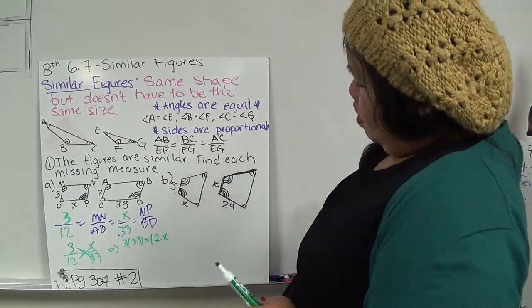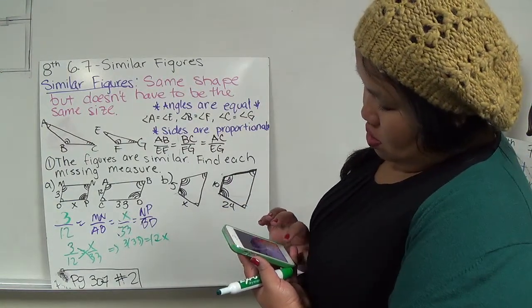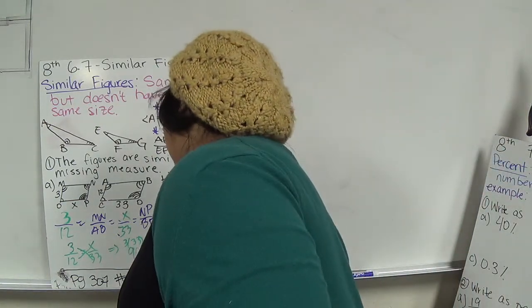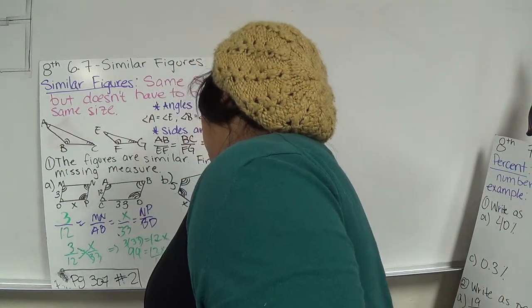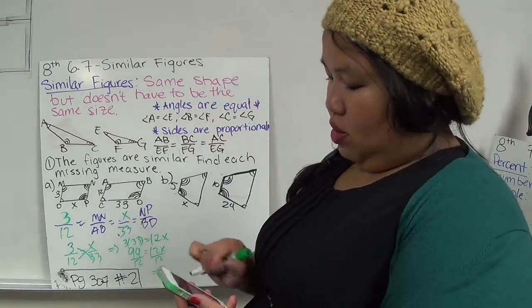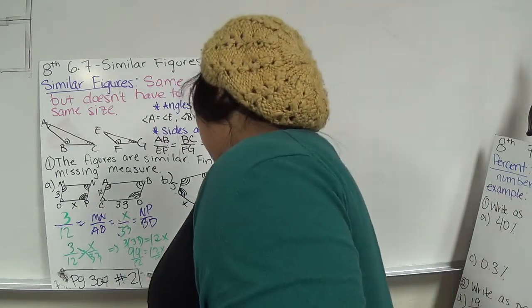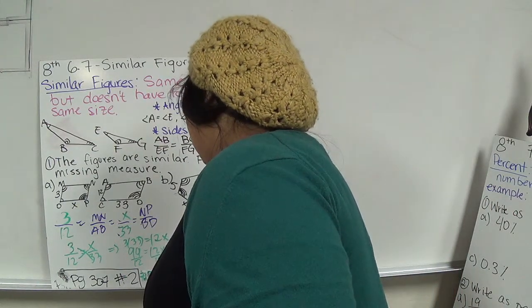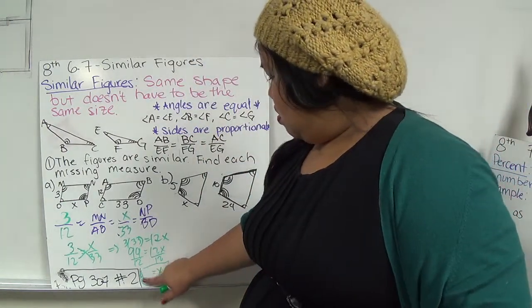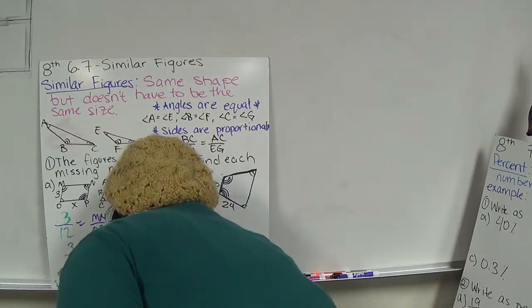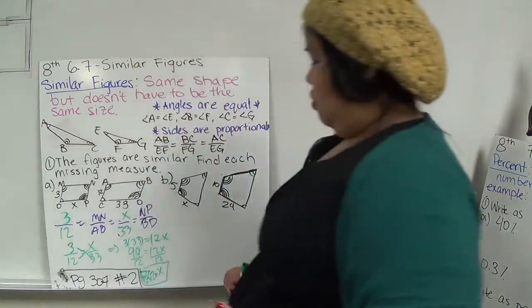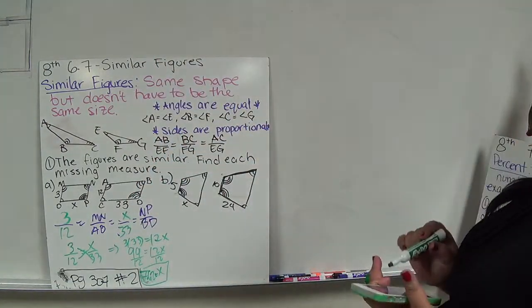That's 99. Miss P should have known that. Divide both sides by 12. I end up with x equals 7.62. Let me write that better. Okay, 7.62.